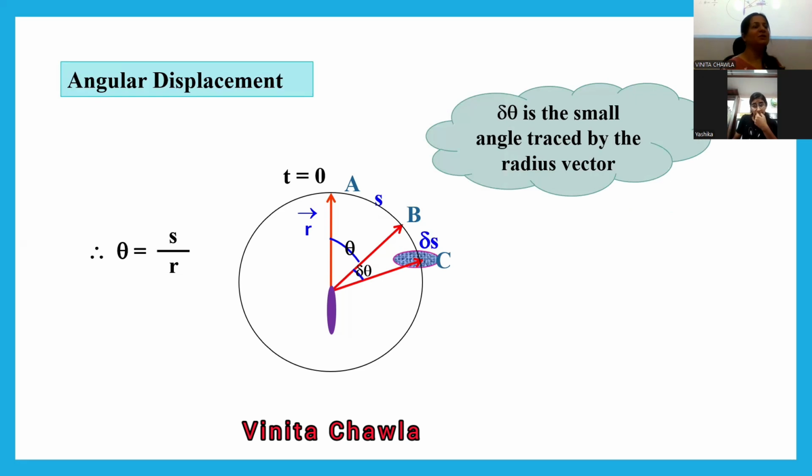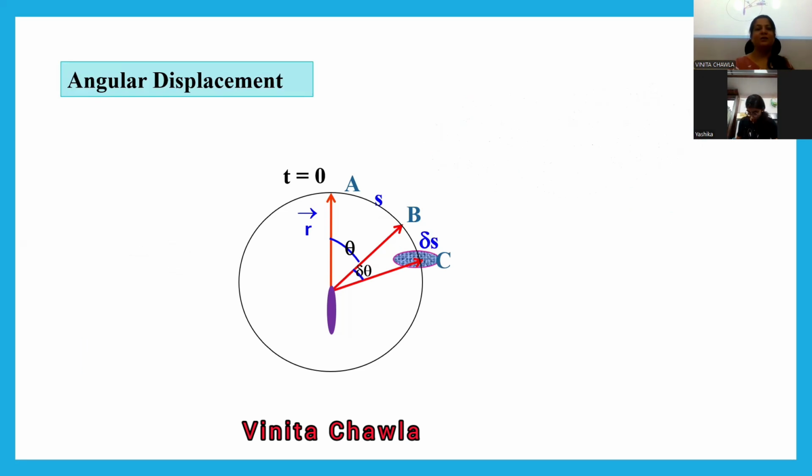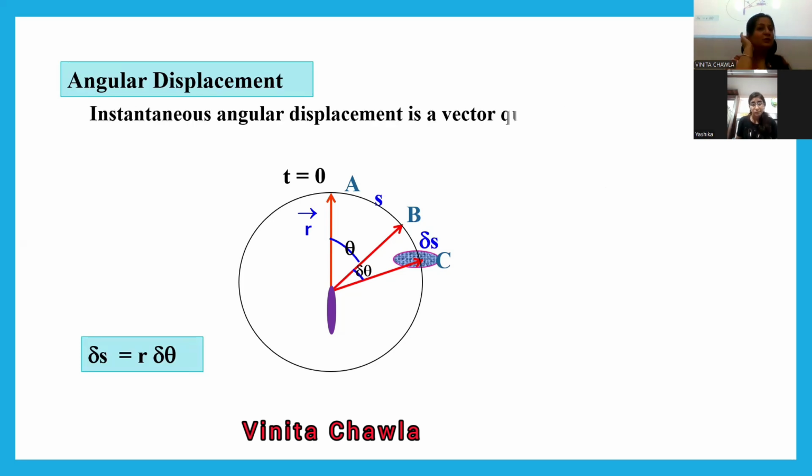If the particle moves along the circumference of the circle and covers a small displacement, then the angle swept by the particle is small, del theta. And we can write del theta as del S by R. Okay. So instantaneous angular displacement is a vector quantity. It is a vector quantity. And in vector form, we write like this: vector S is equal to vector theta cross vector R.